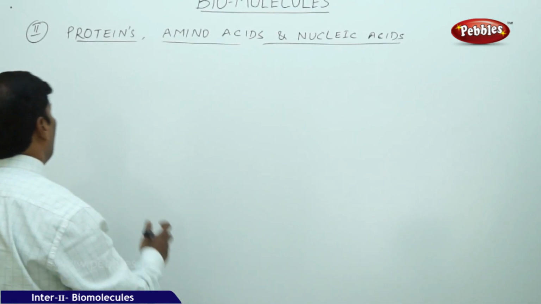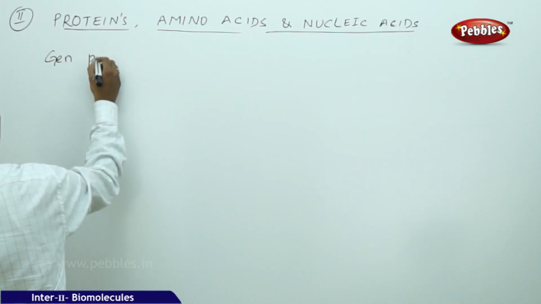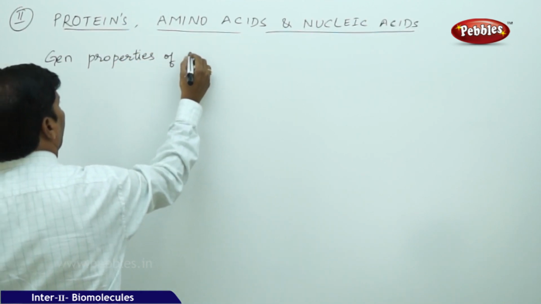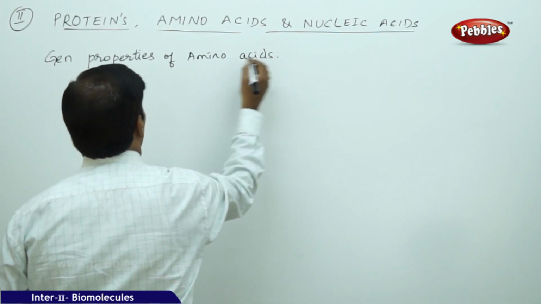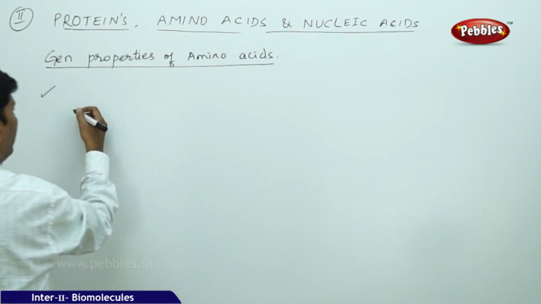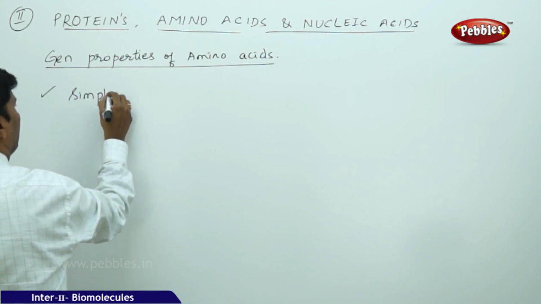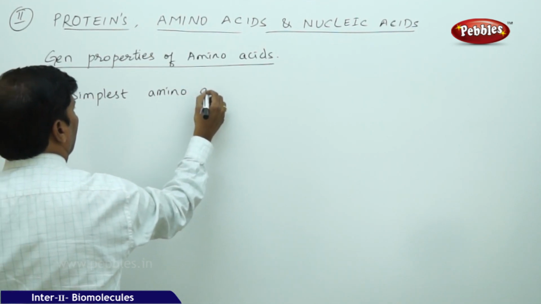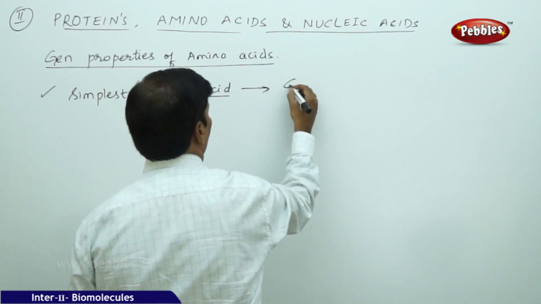So if you go for the general properties of amino acids, the simplest amino acid is glycine.